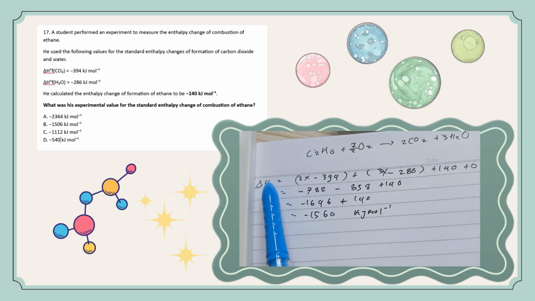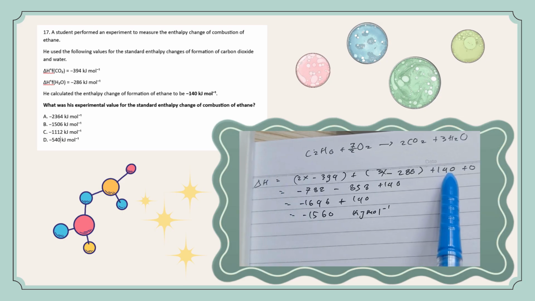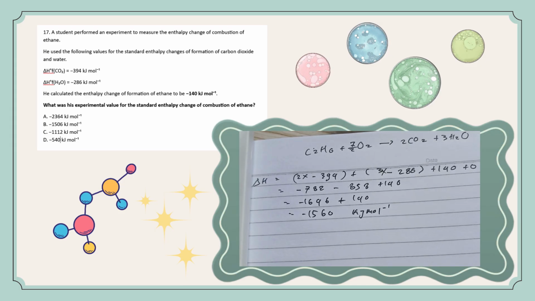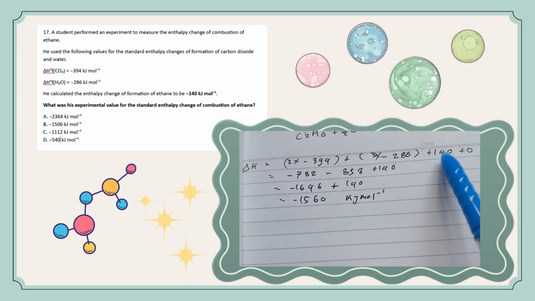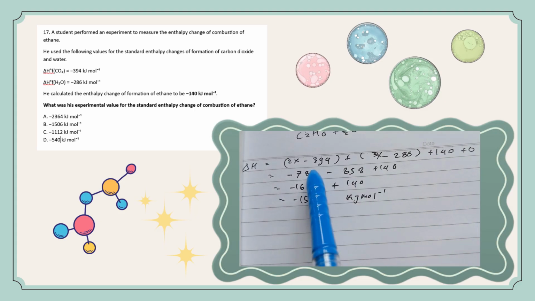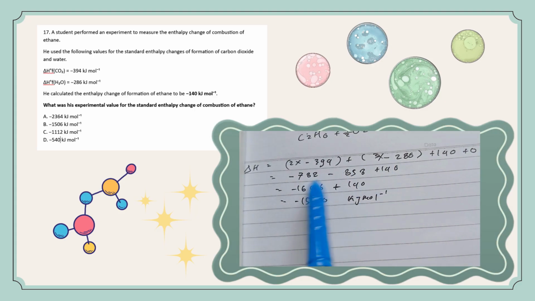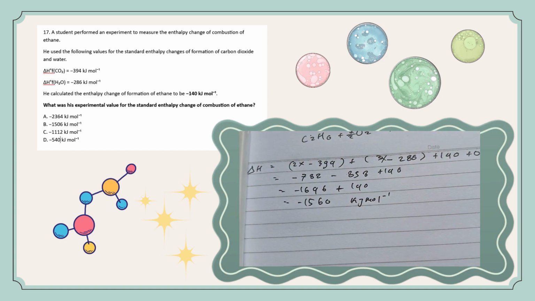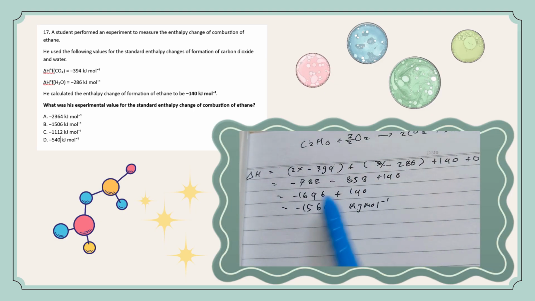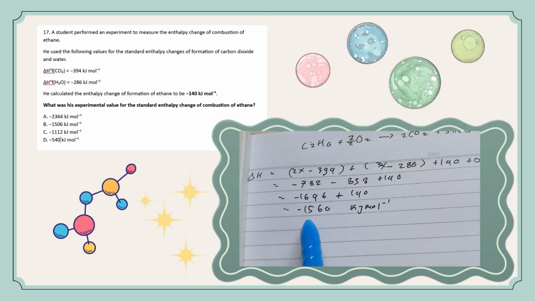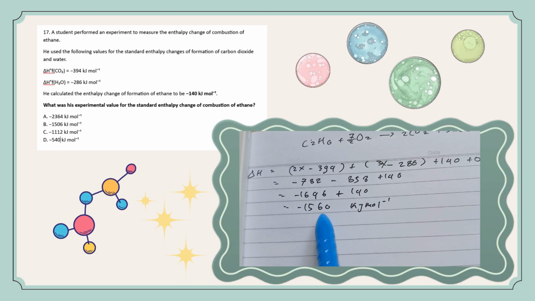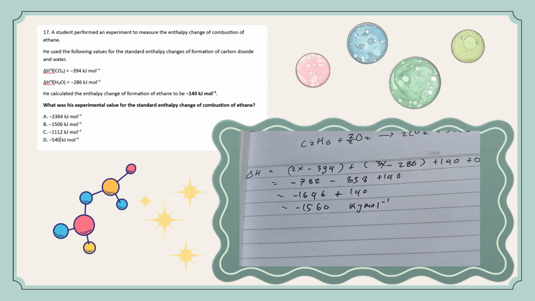From this side we move to this side, so we plus 140. This one also. After that, we calculated this, and we have minus 1560. The right answer is B.